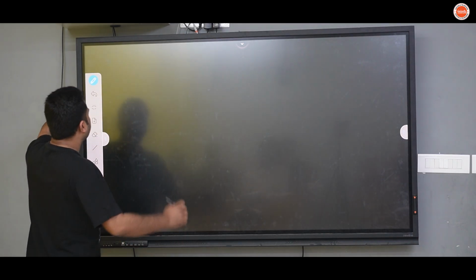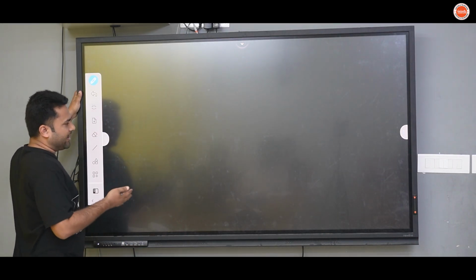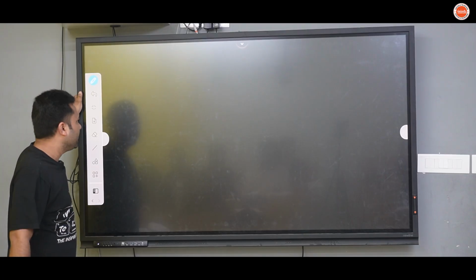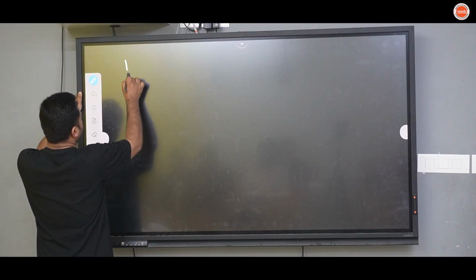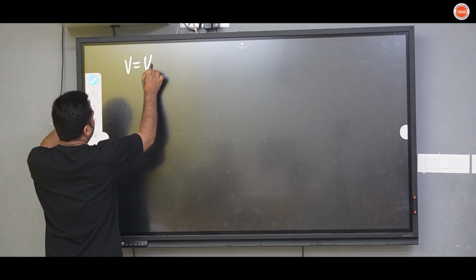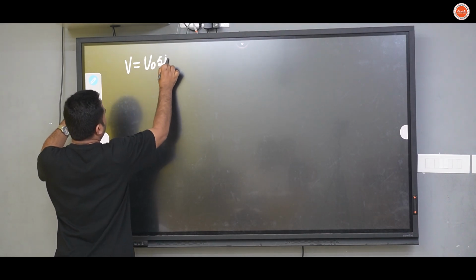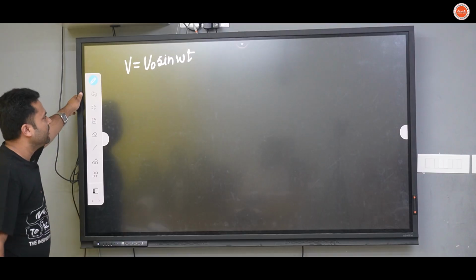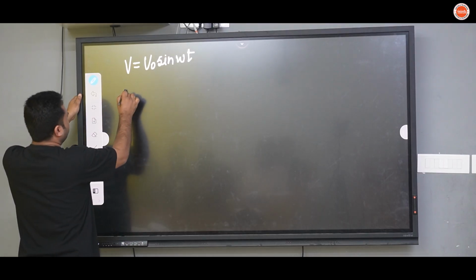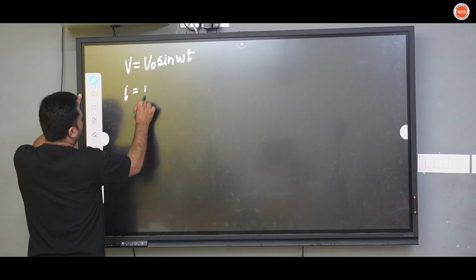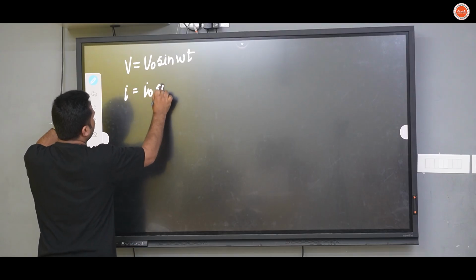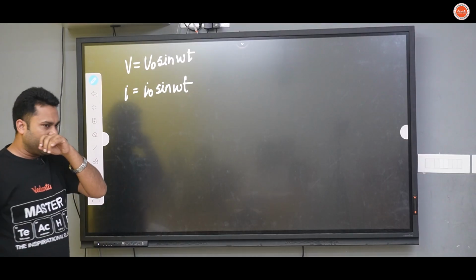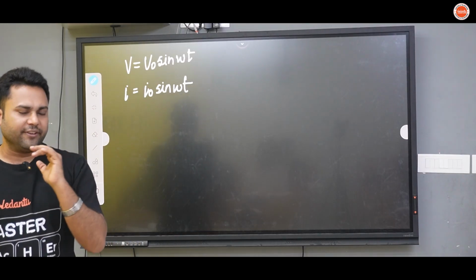Because we are dealing with the first case only, that is purely resistive circuit. What was the voltage in purely resistive circuit? Voltage was given by V0 sin omega t. What is the current we got? I0 sin omega t. Okay. So what is phasor diagram?